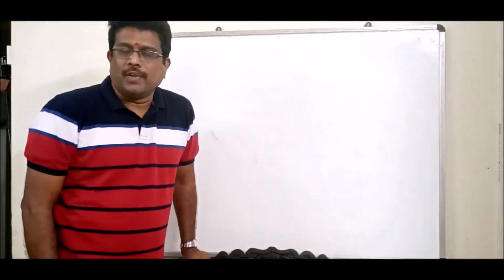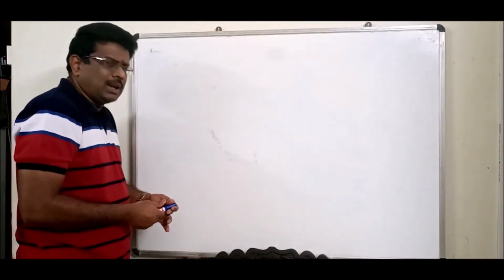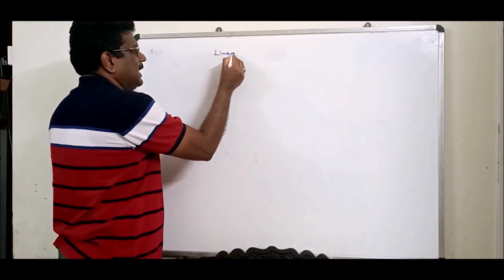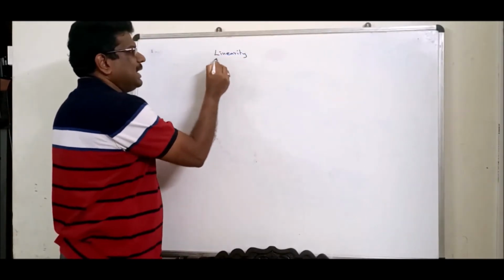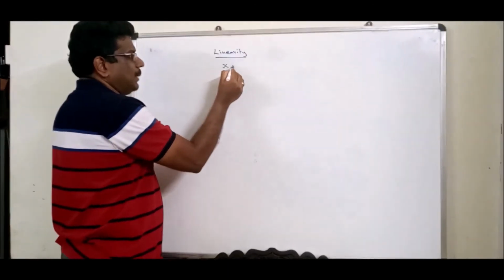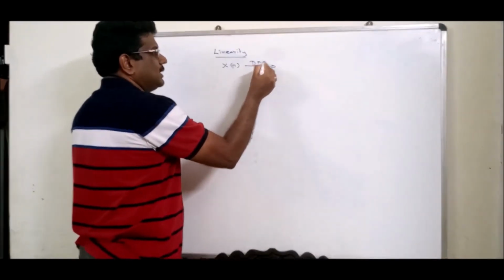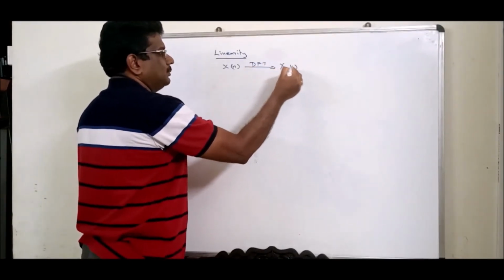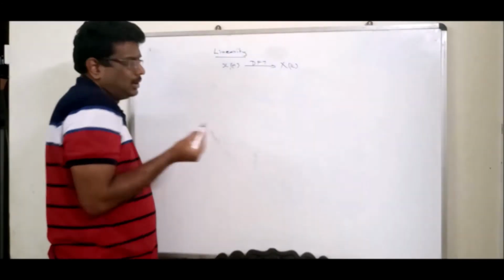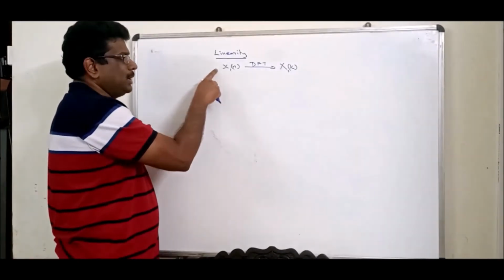We do have various properties in DFT. One basic property is linearity. Let us say there is a time domain x of n, what is its DFT? Just now we told x of k. If it is x1 of n, then obviously it is X1 of k. What is its amplitude? 1.